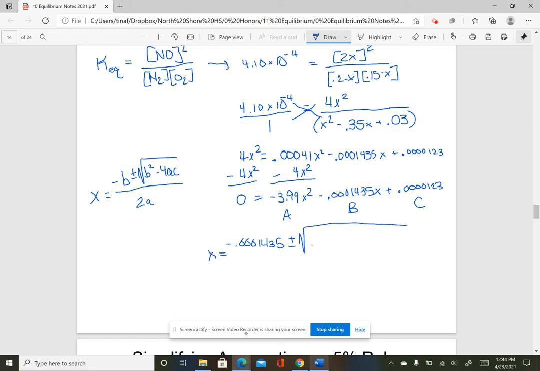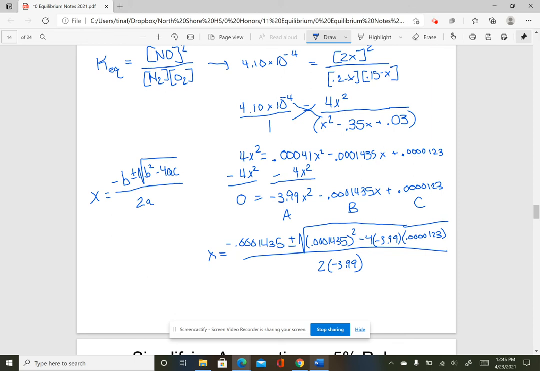I'm plugging B in again, but I'm squaring it this time. 0.0001435 squared, minus 4 times A, negative 3.99, times C, 0.0000123, divided by 2 times negative 3.99, which is what I had for my A value. Okay, so this is like a nightmare.